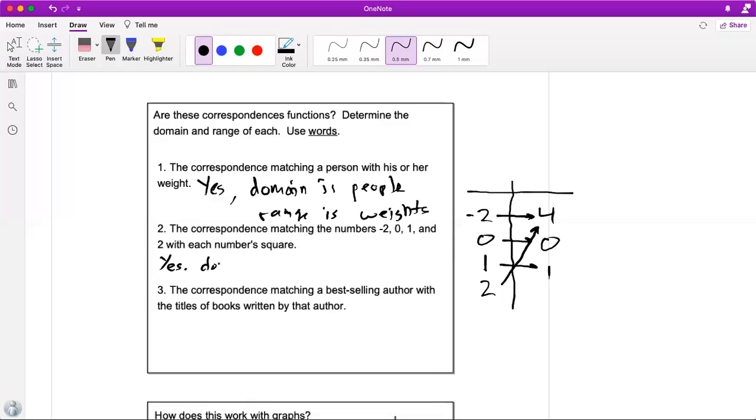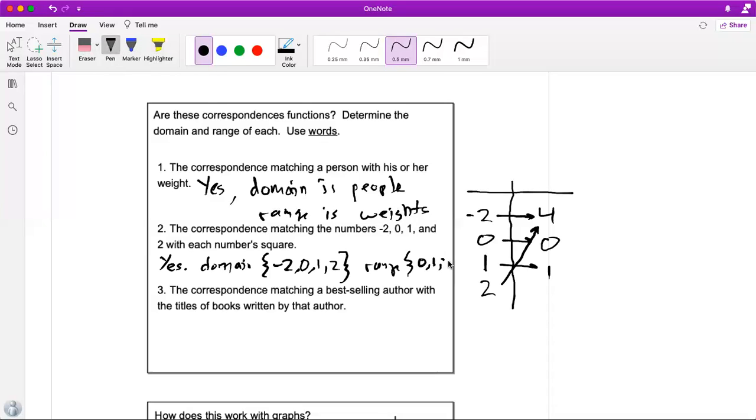And I would say that the domain is the set of numbers, and we usually use curly braces for that: -2, 0, 1, and 2. And the range is just these other three numbers, 0, 1, and 4. I'm writing that again because it's super messy.